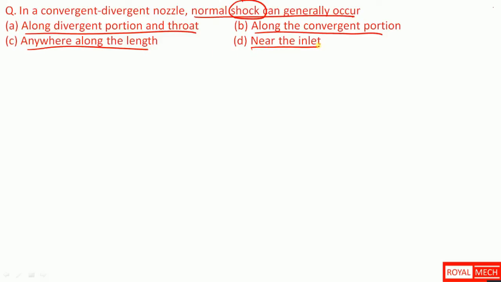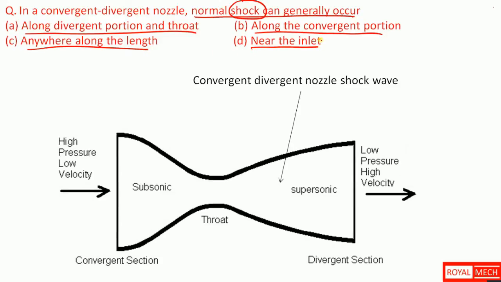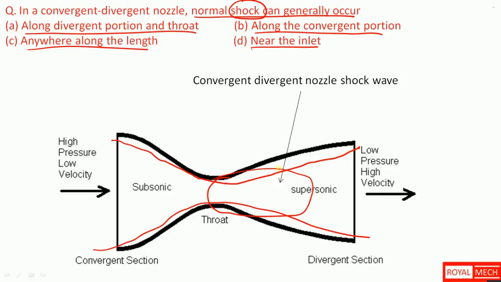the inlet. So when we see the convergent divergent nozzle, the shocks are likely to occur in the throat and divergent portion, because the stream enters at high pressure and low velocity and exits with low pressure and high velocity.